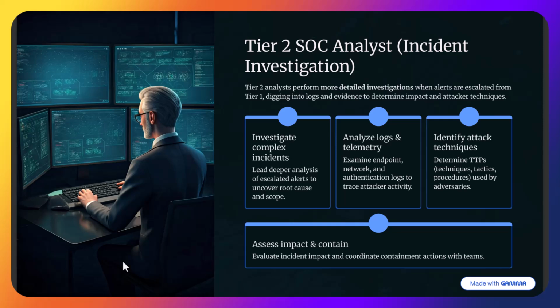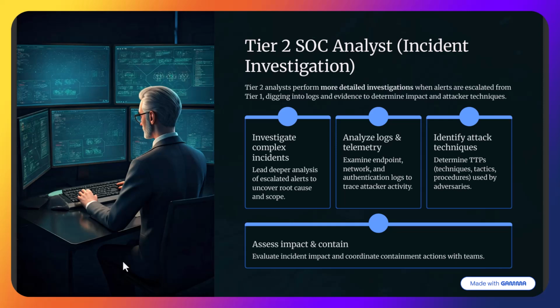Identifying attack techniques. They determine the tactics, techniques, and procedures used by attackers. TTP describes how attackers operate and carry out attacks.